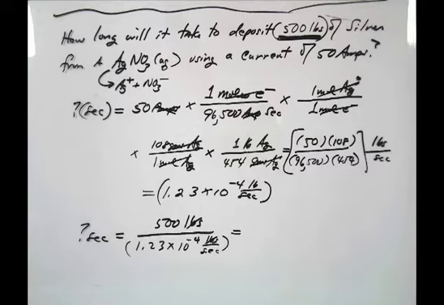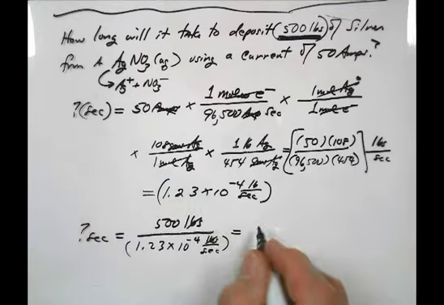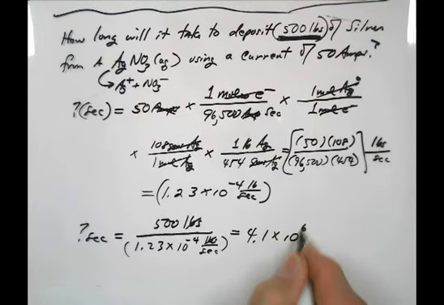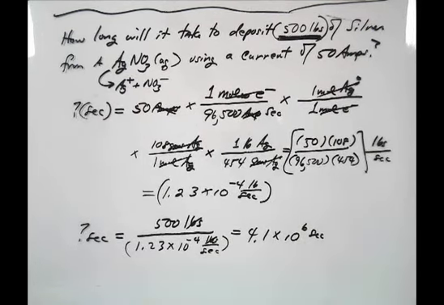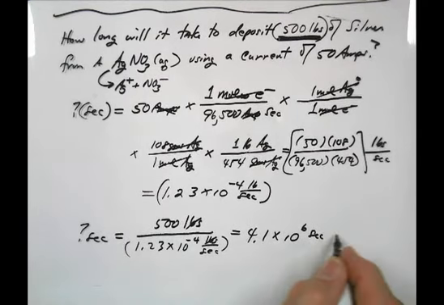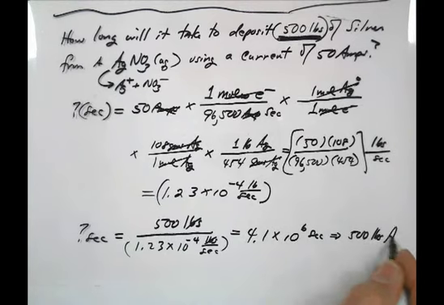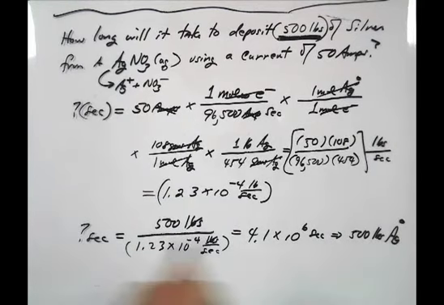500 divided by 1.23 times 10 to the minus 4. So I have seconds. So I have probably 1 times 10 to the 6 seconds to give me 500 pounds of silver metal.